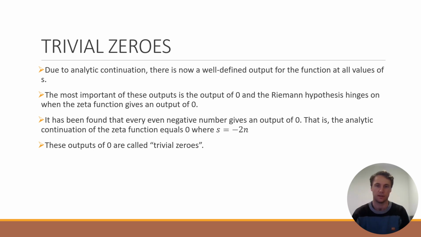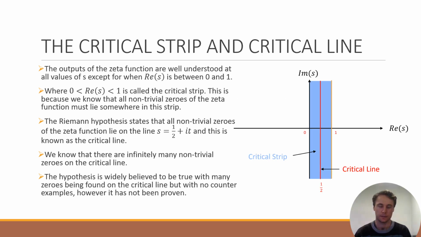It's been found that every even negative number gives this output of 0. So for all values of s where s equals -2n, these are called trivial zeros. Now, we know that for the real part of s greater than 1, the series converges to some complex number.